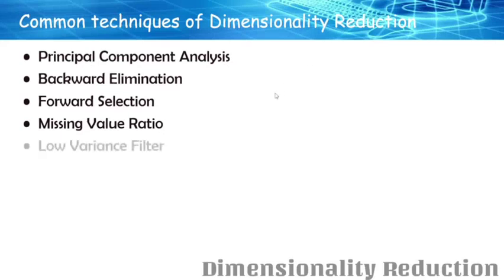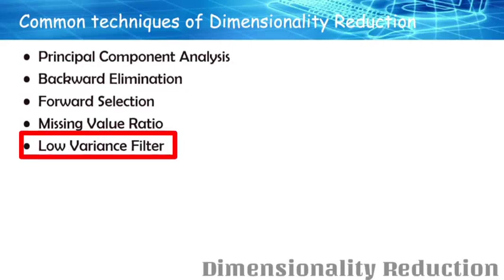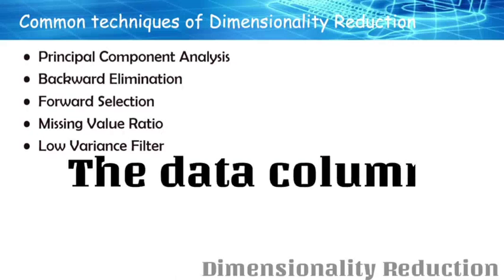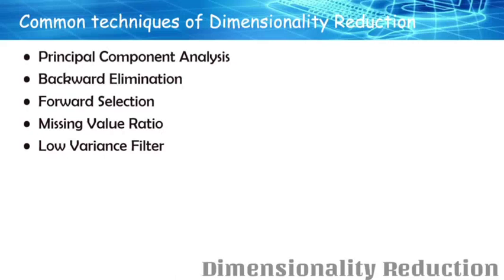That is missing value, and next we have low variance filters. Same as the missing value technique, a data column whose values barely change has less information. Maybe you have data with only two or three values changing in one particular feature.